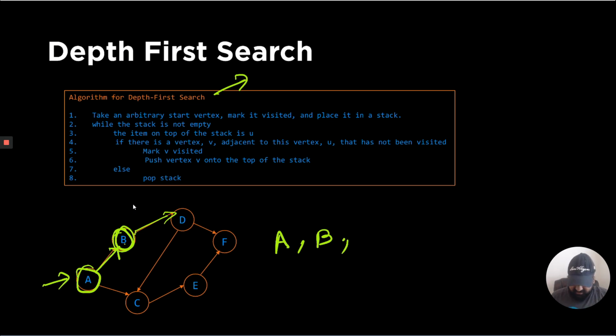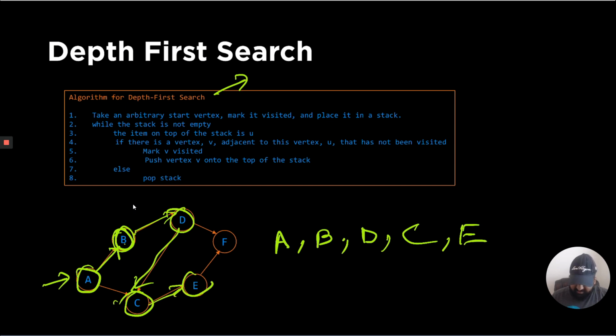In this case, B will go to D, and now D has two choices, which are C and F. Now C is the smaller child, so it will go to C because of our tie breaking strategy. Next, C has just one child, E, so it's going to print E. Next, it will print F because E has just one child.